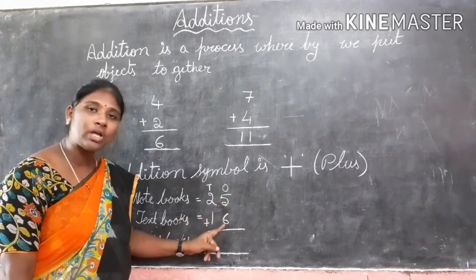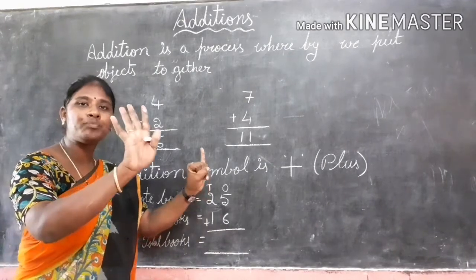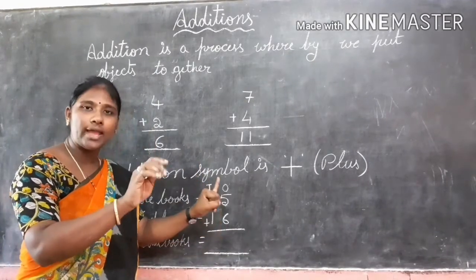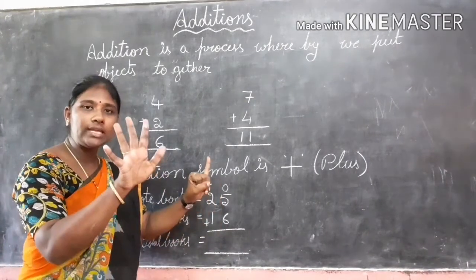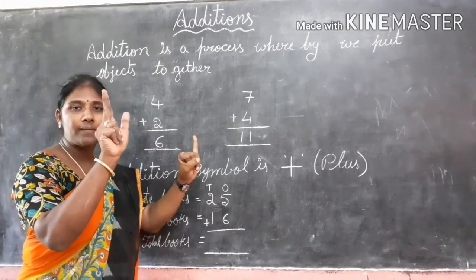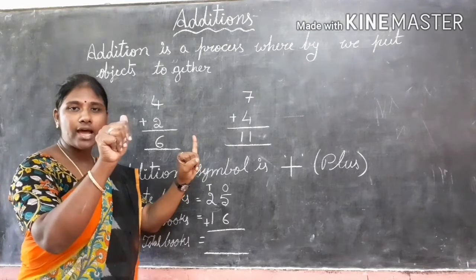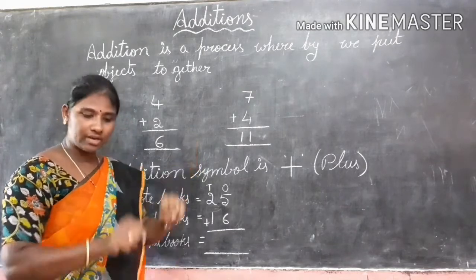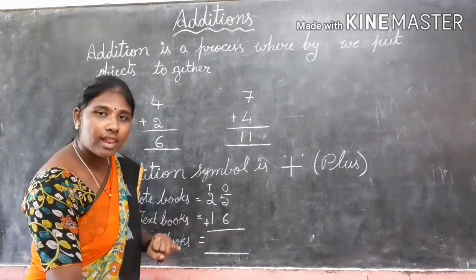Up number 5, down number 6. Take 6 fingers. 5, after that start counting: 6, 7, 8, 9, 10, 11. How much do we get? 11.